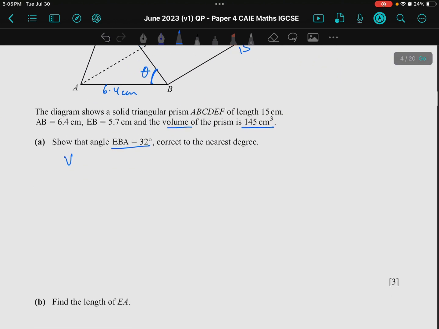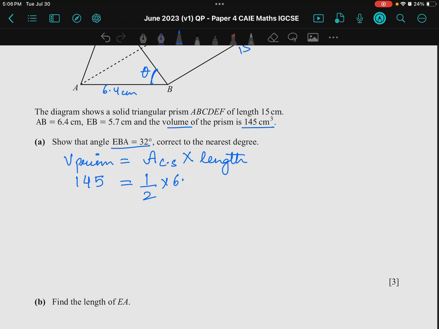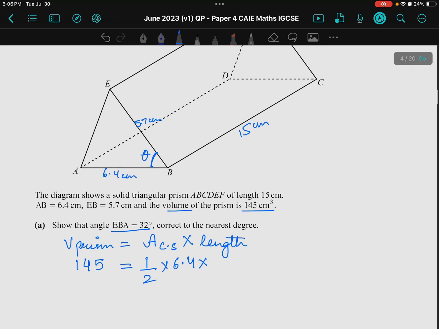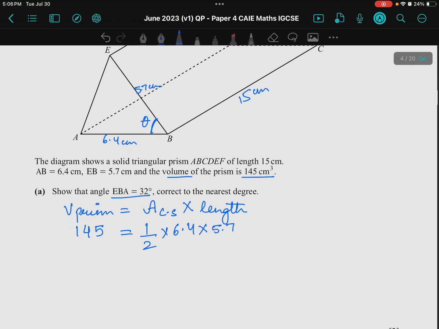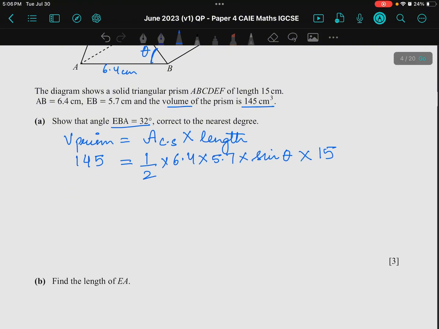So using the formula for the volume of a prism, it is equal to area of cross section into length. This is the formula. Volume is given as 145, area is equal to half into AB sine C. So here AB, you will take A into B, that means 6.4 into 5.7 into sine of C, that is sine of theta, multiplied by length, which is 15.